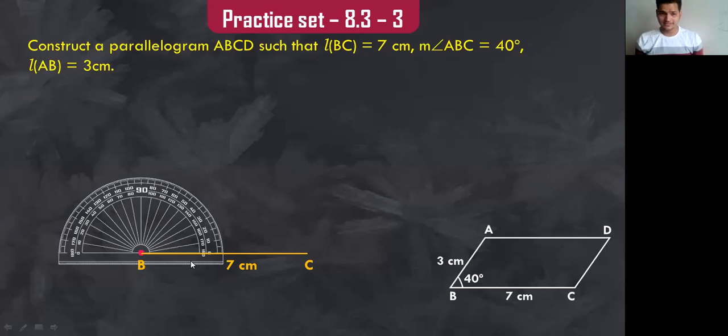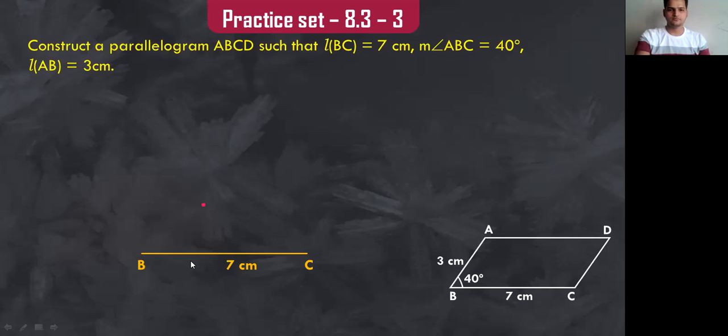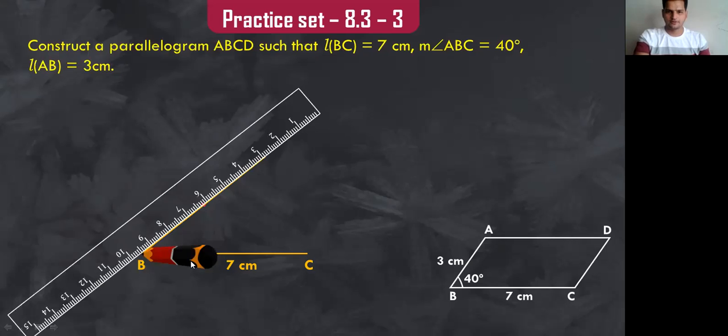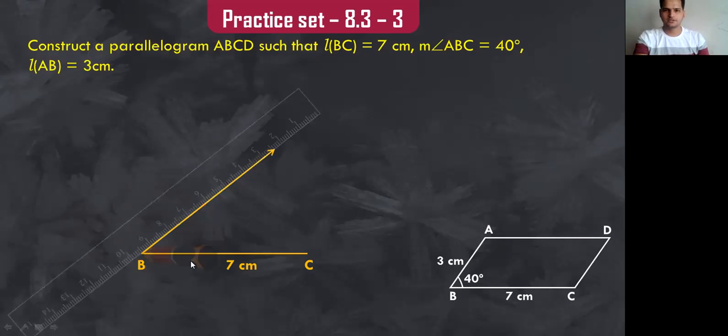As always, first place the protractor on point B, with segment BC on the right-hand side, so we'll take 0 of the right side on the protractor.